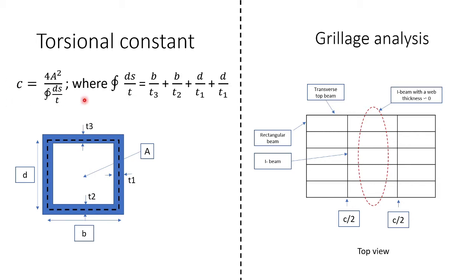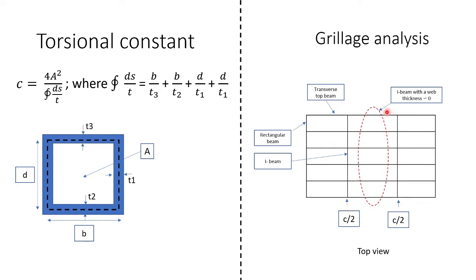When we move on to the model, what we do here is essentially a grillage analysis. If you look from the top, we will have two rectangular beams on either side, and then the main I-girders. To ensure node connectivity and convenience of applying loads, we will have two sets of transverse beams. One will be the transverse beam connecting the rectangular beam and the I-girder on either side, and in the middle we will have another set of transverse beams.